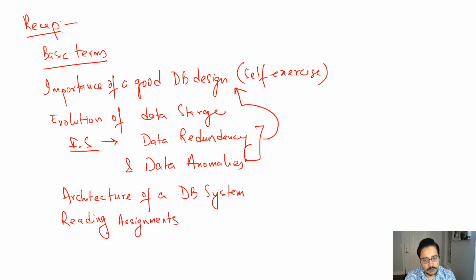Okay. So in the next class, we will talk about the different data models that are available to us for designing different databases. And we will also take a look into what is known as business rules.